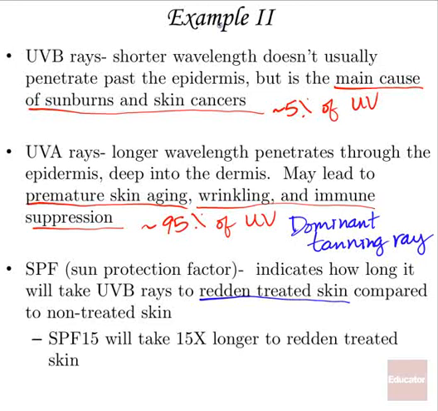So if I put this arm out for an hour in the sun, I'll get some sort of redness, okay? Well, treated with SPF 15, this arm would take 15 hours of the same sun exposure to get to the same redness level. All right, so this is a way that we can protect ourselves from these harmful rays, because remember, UVB is not only the main cause of sunburns, but also the main cause of cancers.